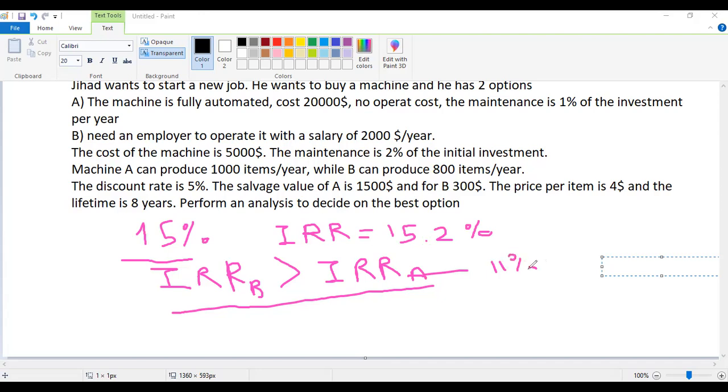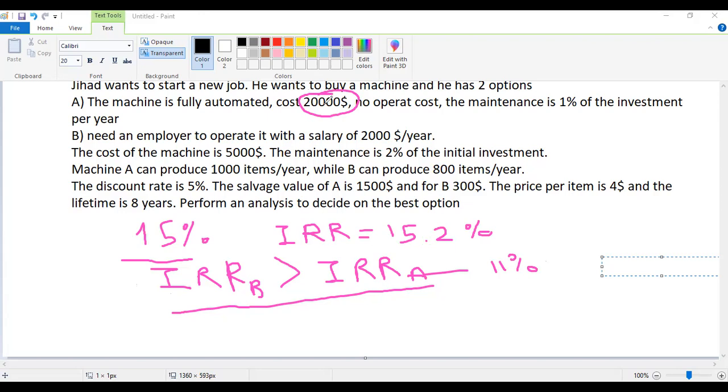So in case the net present value for B is also larger, of course, we'll talk about the CER. Why don't we just use the net present value? Because you should consider the initial investment. You should take the ratio of the NPV to the initial investment to be able to take a good decision.